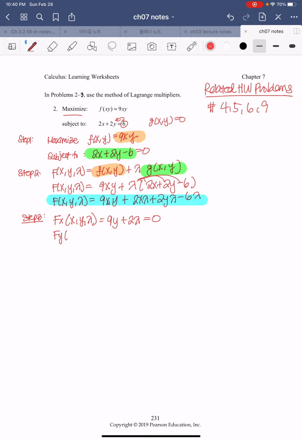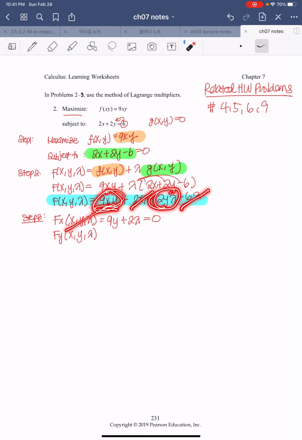F of y. This time, y is your variable. X and lambda are constants. So same thing happens. The first term has a y involved. This one disappears, this one disappears. So it looks like the first and then the third term. 9xy, remember x is a constant this time.